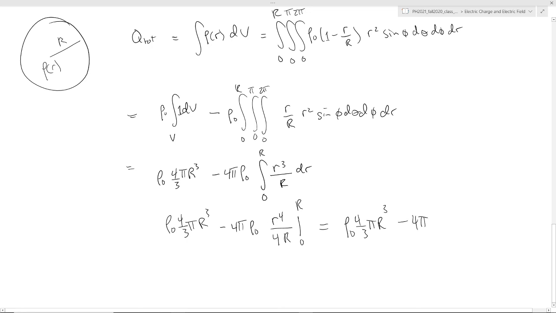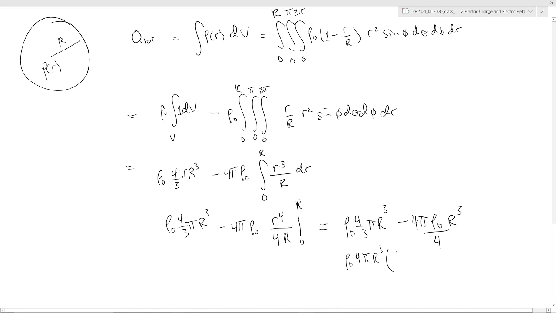Notice we have r to the fourth over big R, so we would lose that factor. We'd have 4 pi rho naught over 4 R cubed. So there's a lot of common pieces in here. Really everything is the same. Rho naught 4 pi R cubed.